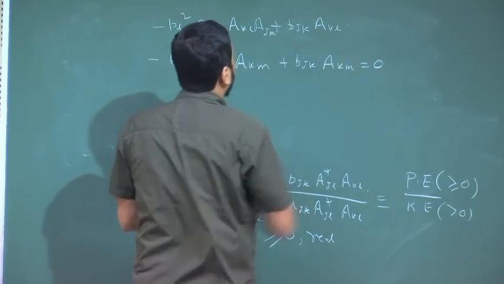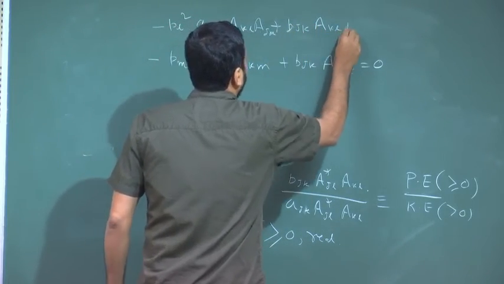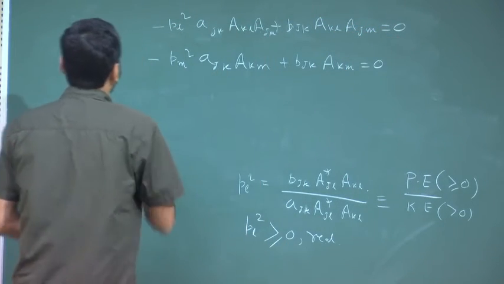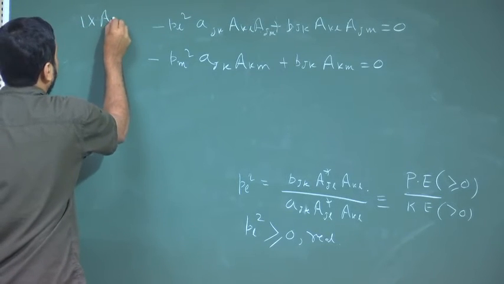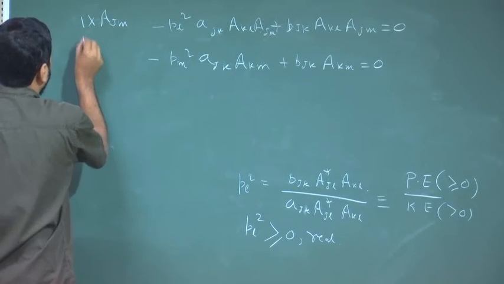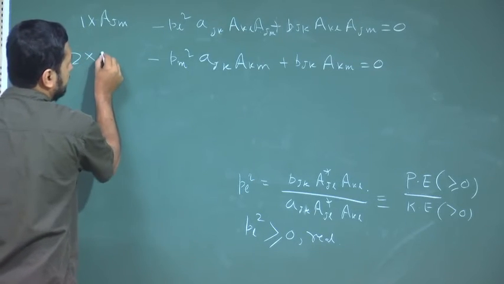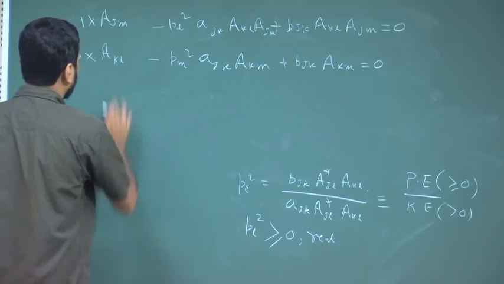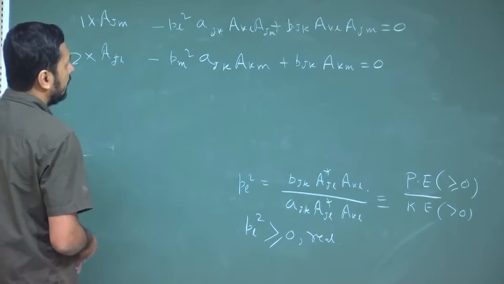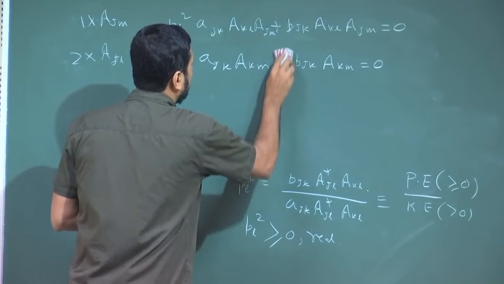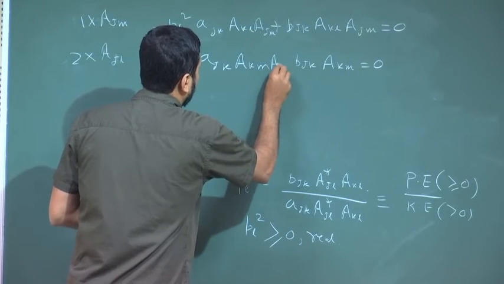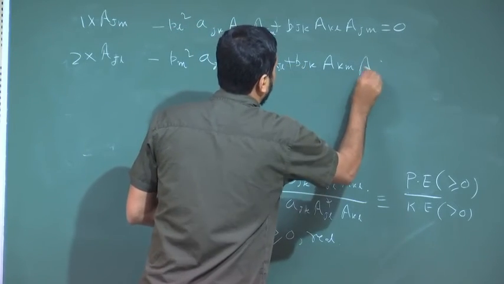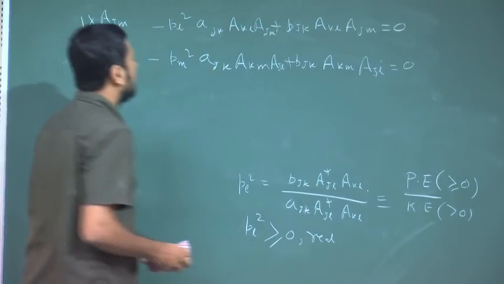And so, we have this equal to 0, and this one we just multiplied by A j m, and this one, let us call it 2, we multiplied by A k l, A j l. So, similarly, I put A j l here and A j l here. Now, what do we get?